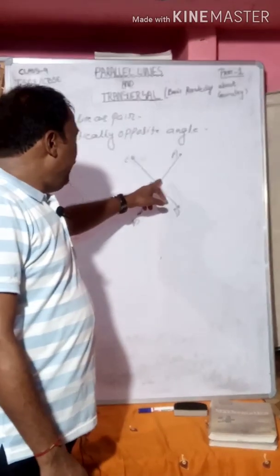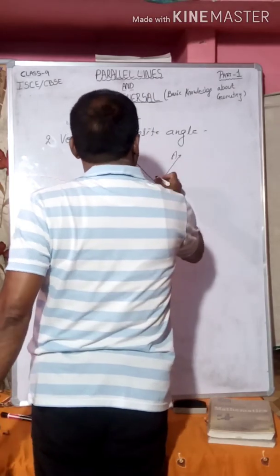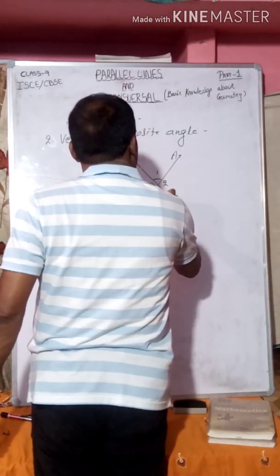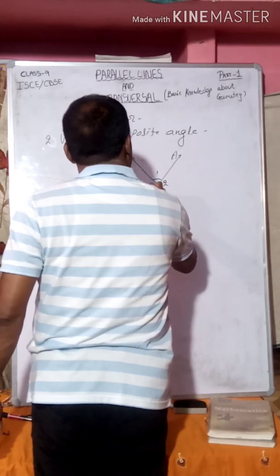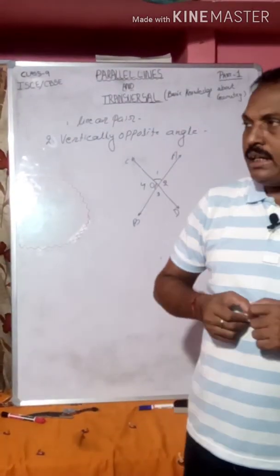There are 4 angles here. This is angle 1, this is angle 2, this is angle 3, and this is angle 4. There are 4 individual angles formed.